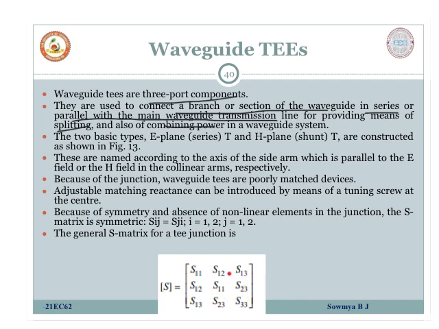But since in this case, as we already discussed, the symmetry Sij is equal to Sji, we can substitute S21 by S12 and similarly we can substitute S31 by S13. Like this we can apply the symmetry property for all the waveguide Ts.